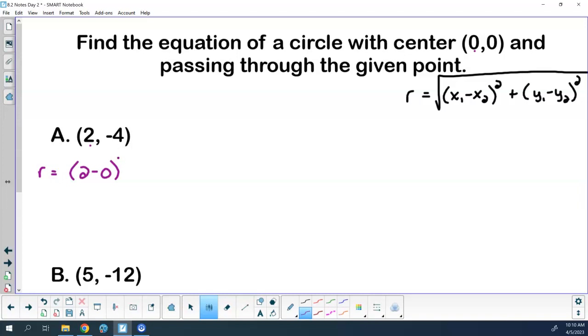I'm going to square that. Then I'm going to add to that negative 4 minus 0, and square that. The negative 4 comes from the y part of the point on my circle. The 0 comes from the y part of my center. And then I've got to take the square root of that.